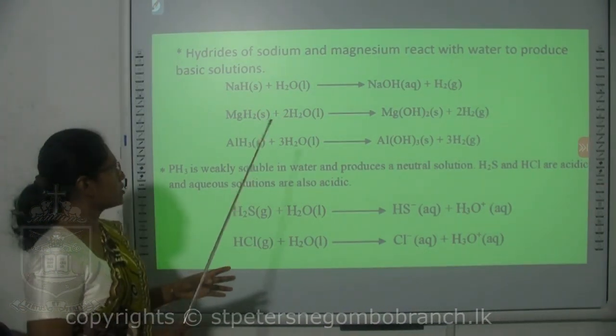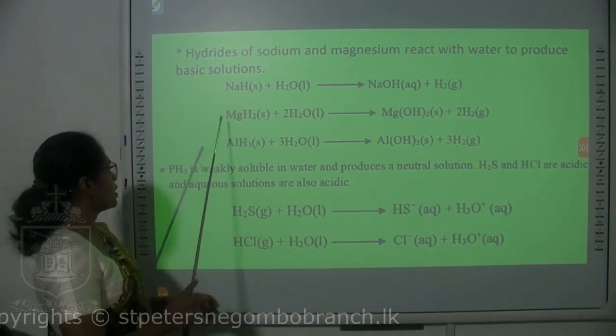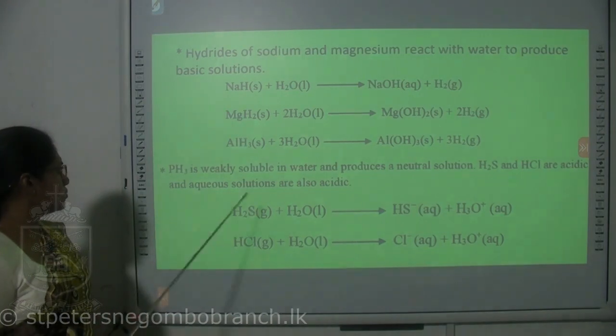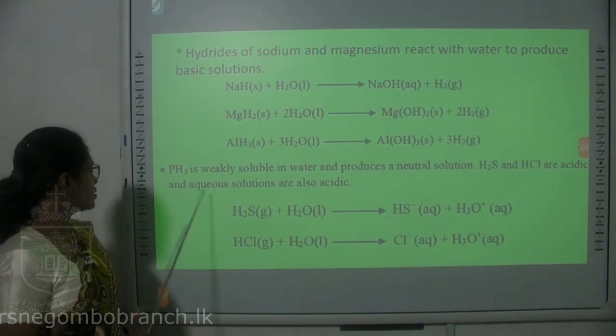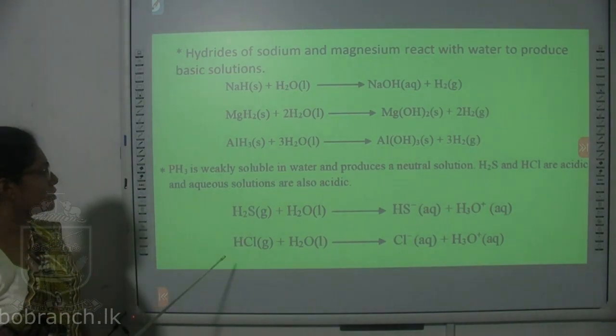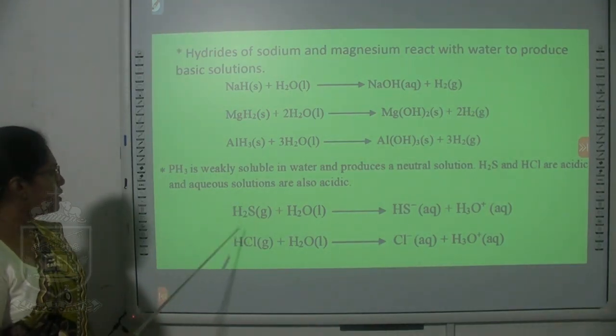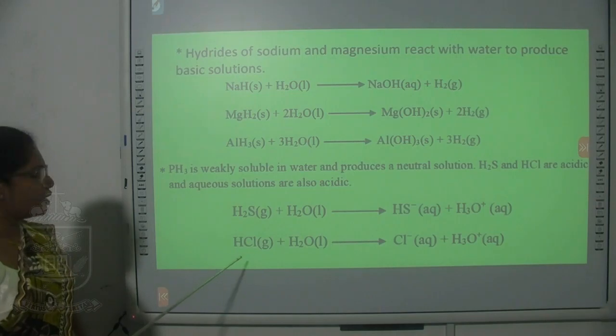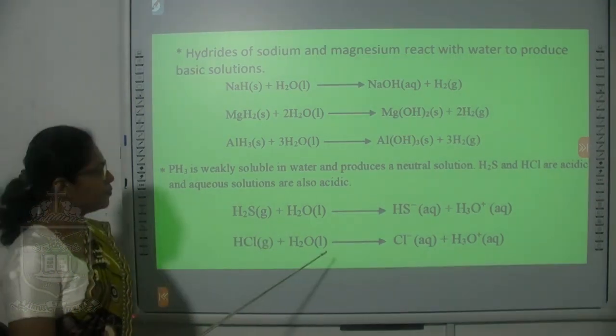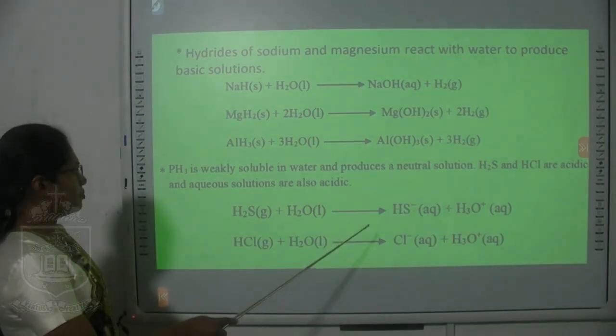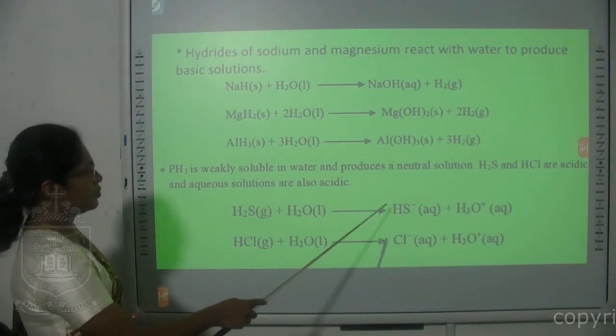After that, sodium, magnesium, aluminium, phosphorus, then we find sulfur and chlorine. And sulfur and chlorine hydrides, H2S and HCl, react with water and form an acidic solution.